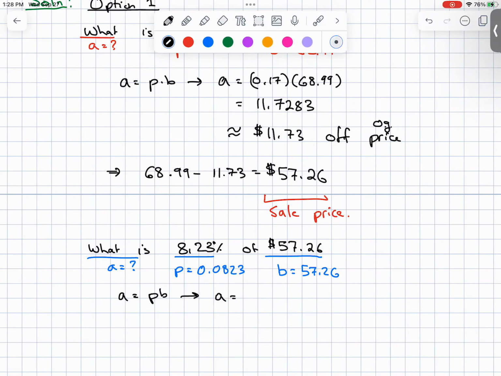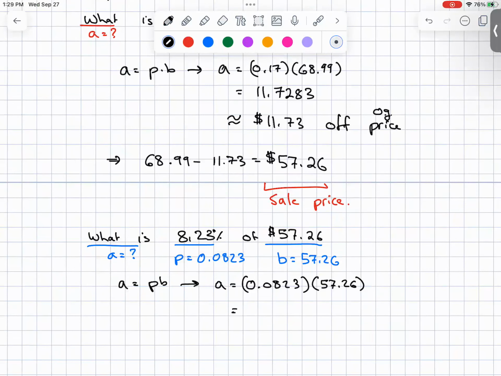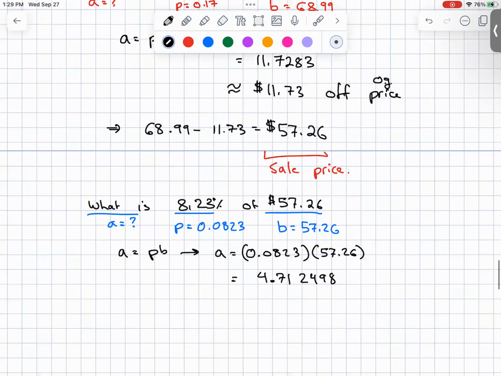A is equal to 0.0823 times $57.26. So A is going to be $4.71, and then 2498. And so we'll round down, excuse me, to $4.71 in tax.